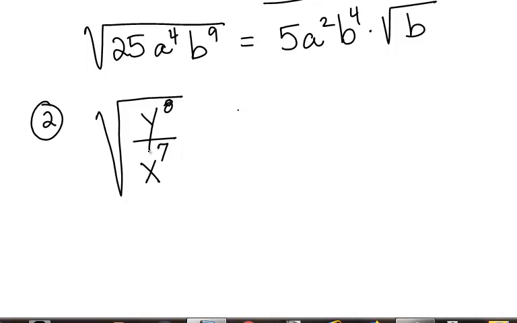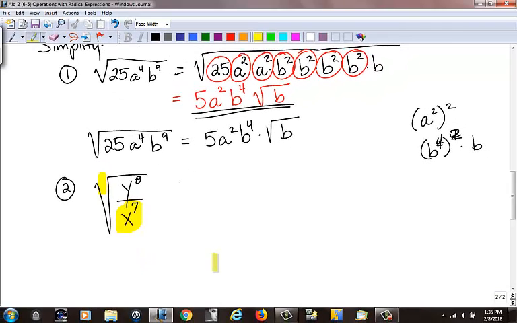Now, what controls this, look up here for a minute, is you're looking at this index, it's a square, and you have an x to the 7th. What you want to try to do is get an even power down there so that you can take everything out of the denominator. So you don't leave anything in the denominator.